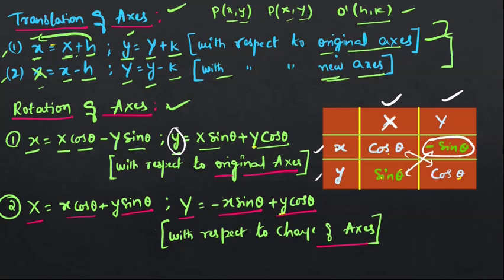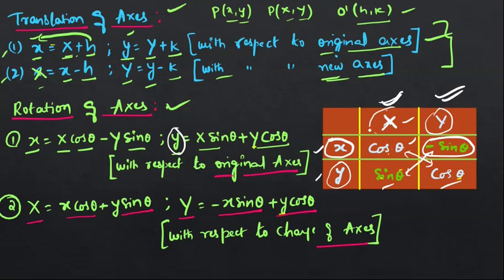This is pretty simple. See, if you want small x values, then simply write capital X into cos theta, then capital Y into minus sin theta, so minus sin capital Y, that's it. Similarly, if you want small y value, then capital X into sin theta plus capital Y into cos theta, that's it.